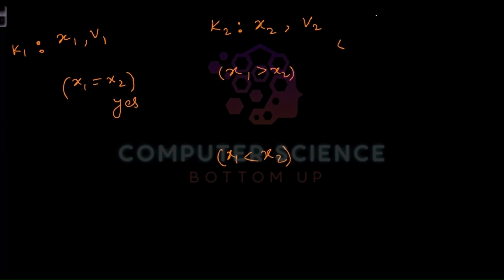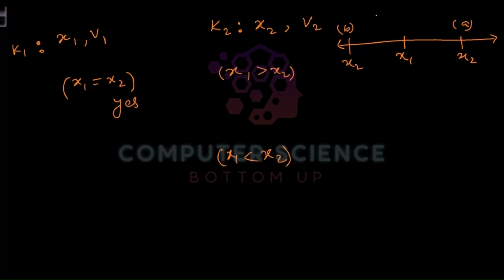If this is the number line, maybe Kangaroo 1 is here, and Kangaroo 2 can be ahead of it or lagging behind it, at the back side.